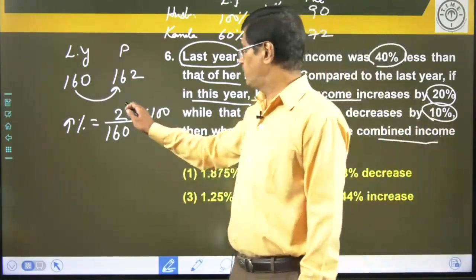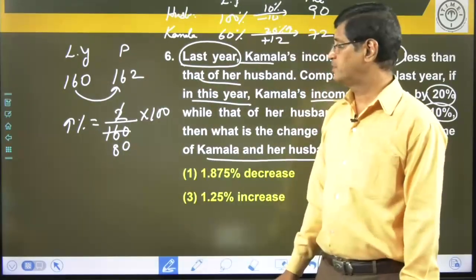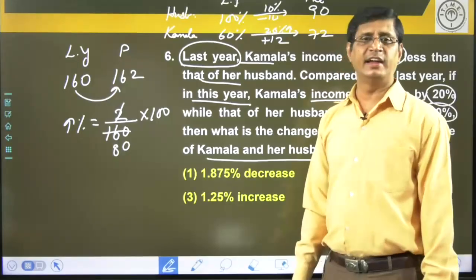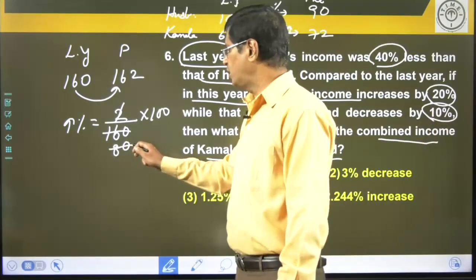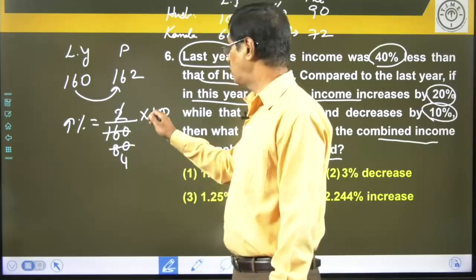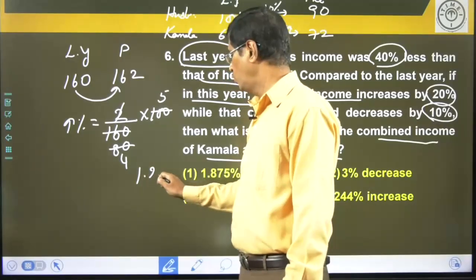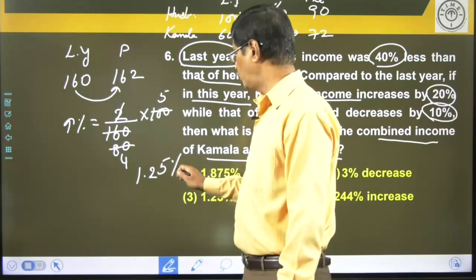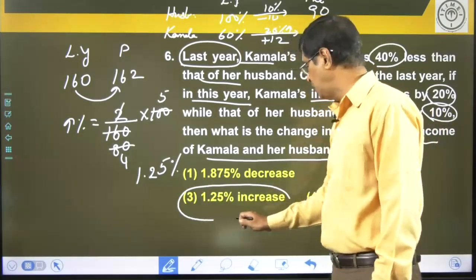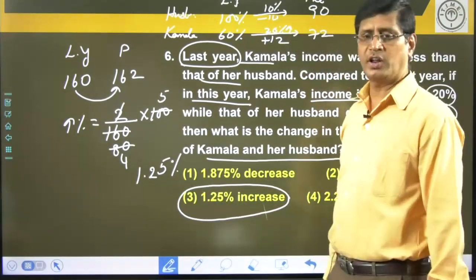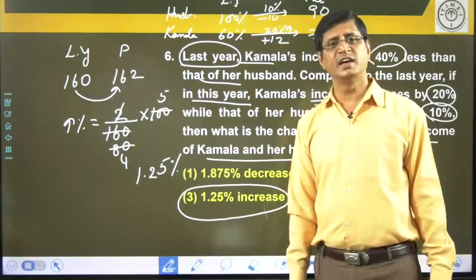Now the cancellation, how much is it? 2 it goes how many times? 8 times, 80. 100 by 80, 20 it goes how many times? 4 times. What about 20? 5 times. 5 by 4, which is equal to 1.25%. 1.25% increase means option 3 is the right answer. Third choice is the right answer.